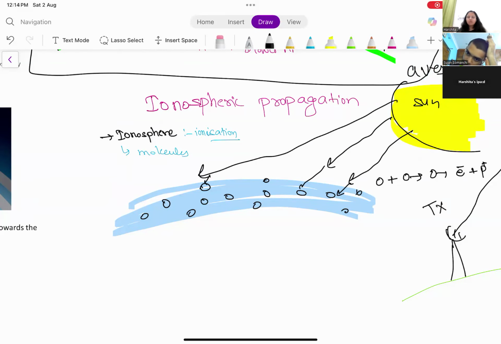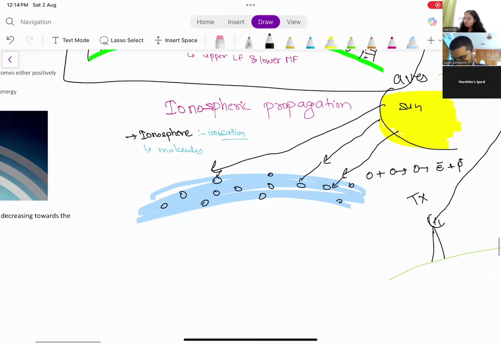So when these molecules are hit by the sun rays, they break down into different types of ions, positive and negative ions. Correct? Now, do you understand what is ionization? It is basically the process of breaking down of molecules into ions.